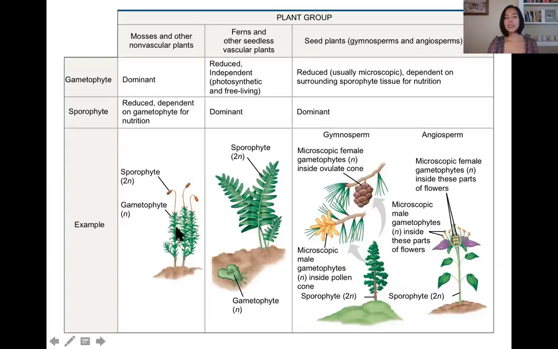And in all of these, in bryophytes, in ferns, and here you cannot see the gametophyte because they are microscopic. And the gametophyte is going to depend on the sporophyte. In other words, we cannot have gametophytes living on their own in gymnosperms, and the same happens for angiosperms.